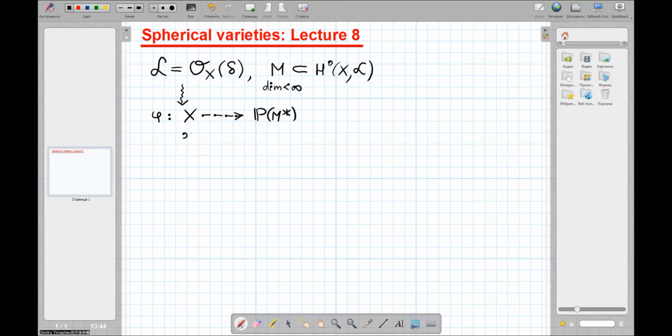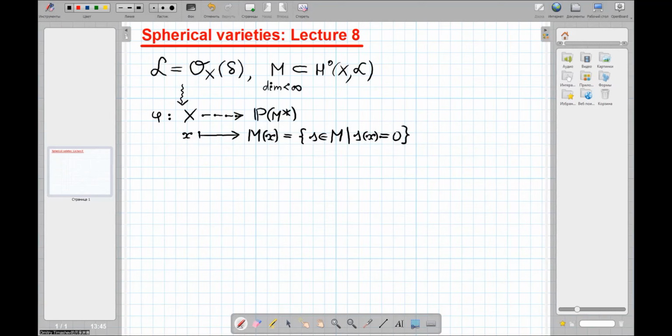This map sends the point small x to the hyperplane in the space M, which I denoted as M of x. It is the hyperplane consisting of all sections from this finite dimensional subspace M which vanish at the point x. And this hyperplane can be considered as a point in the dual projective space, P of M star.